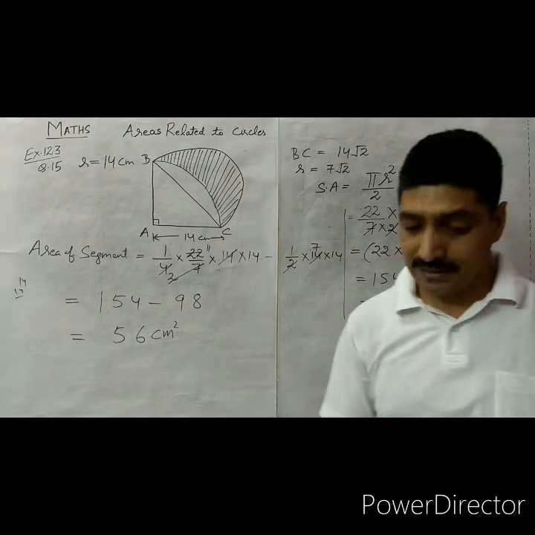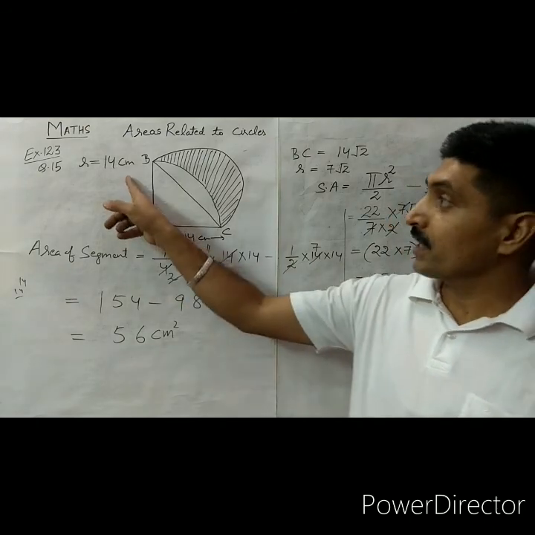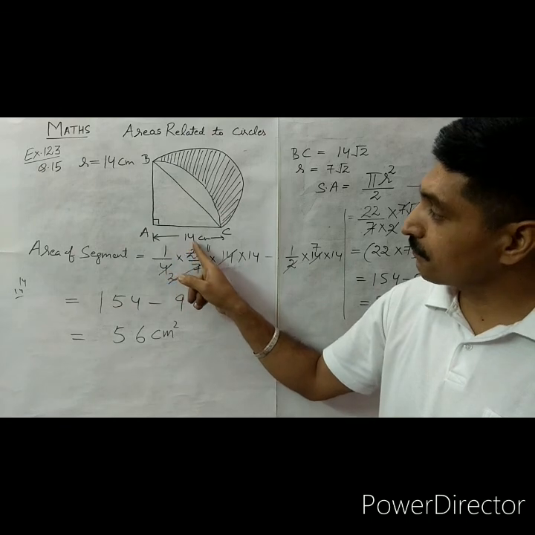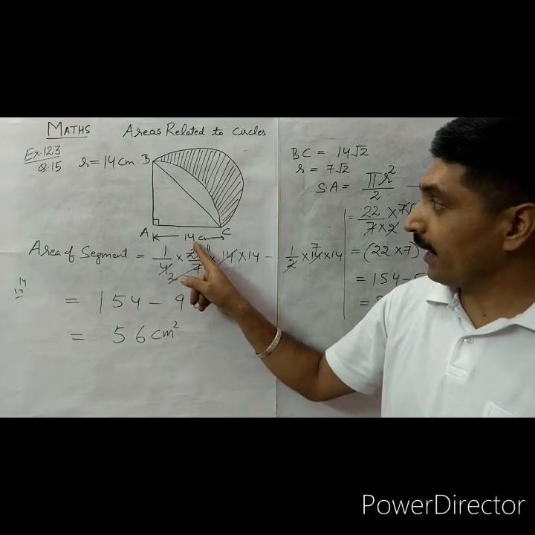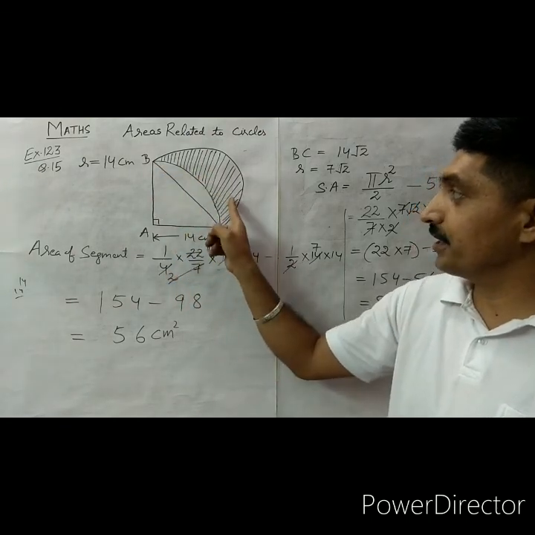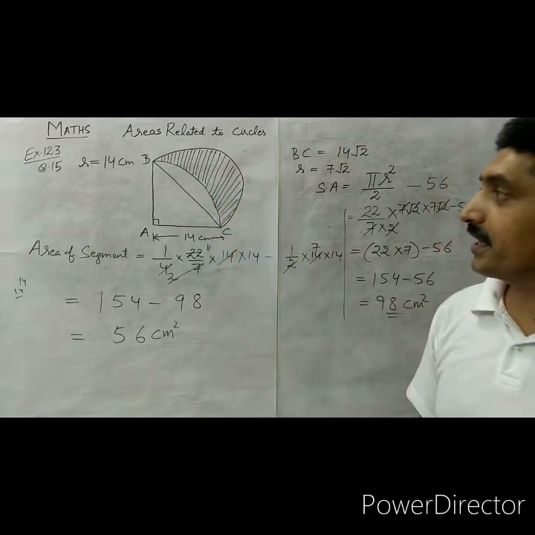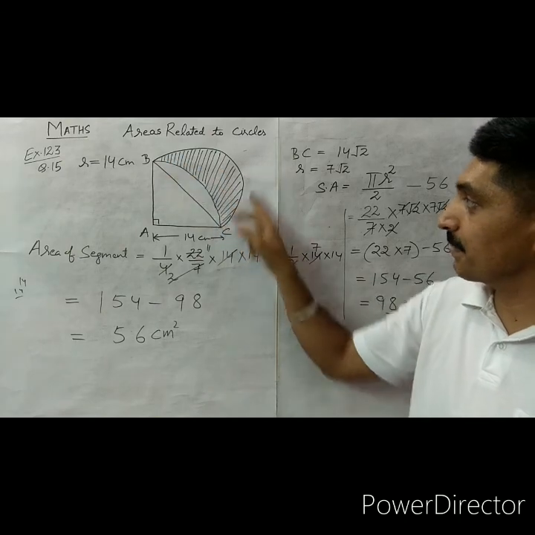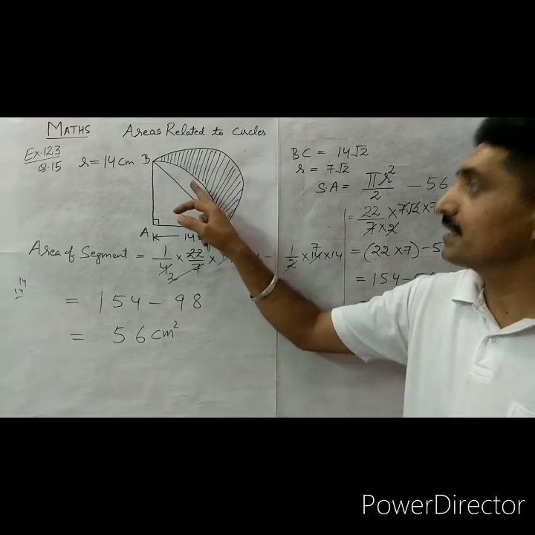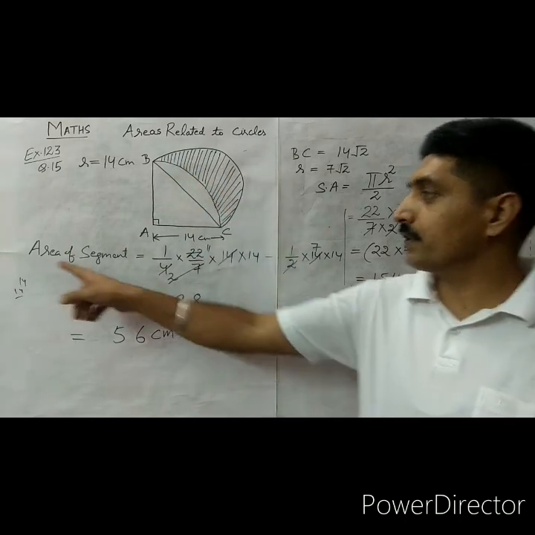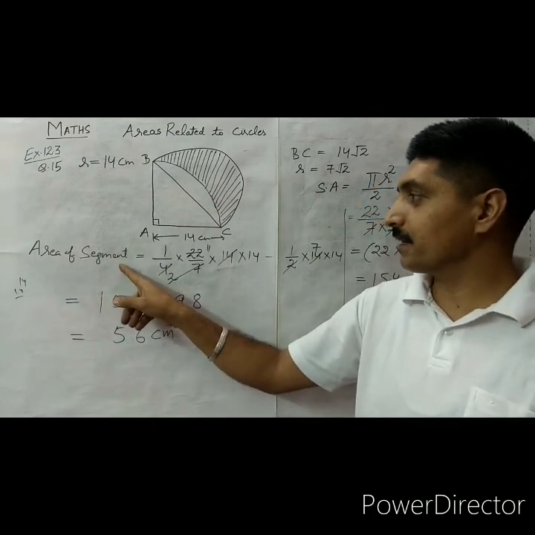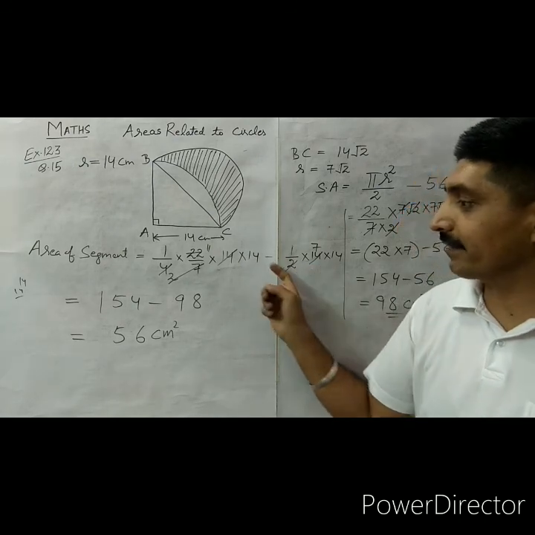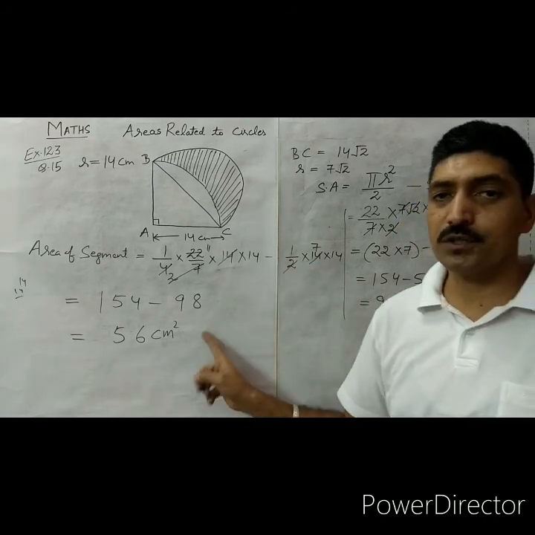So dear students, let's recapitulate again. Here we have given this quadrant with the radius 14 centimeter, and we have to find this shaded area. To find this shaded area, we have to find the area of semicircle minus area of this segment. So we first find the area of segment. Area of segment is equal to area of this quadrant minus area of this right angle triangle, which is 56 centimeter square.